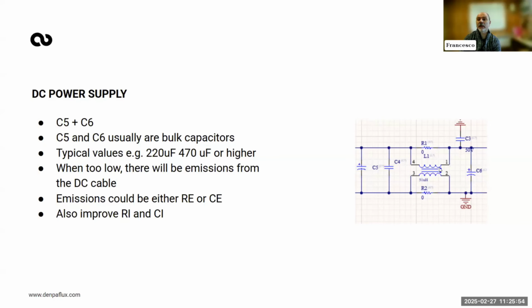Then in parallel to the input, usually I use 2 kinds of capacitor, electrolytic and ceramic. You need to know, guys, that electrolytic capacitors are usually much bigger than ceramic, but they work well up to let's say 100 kilohertz.